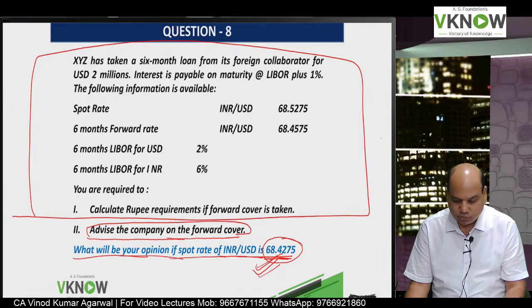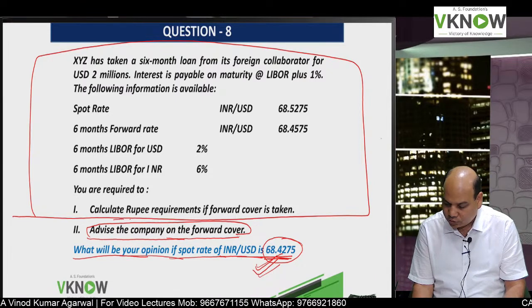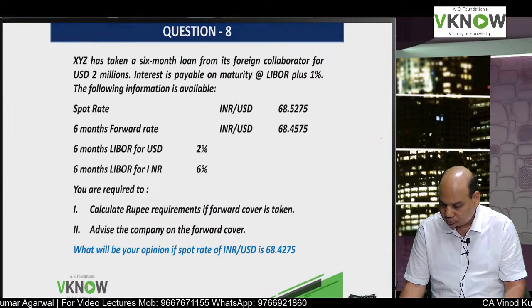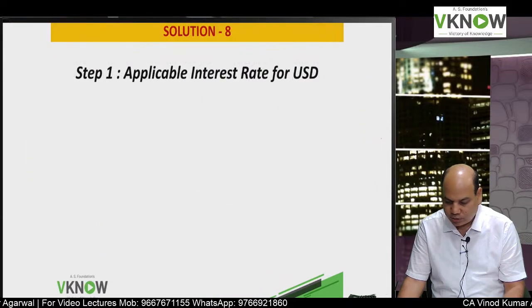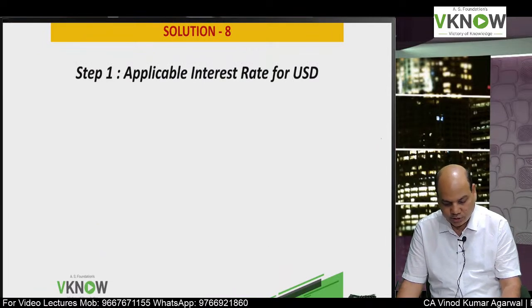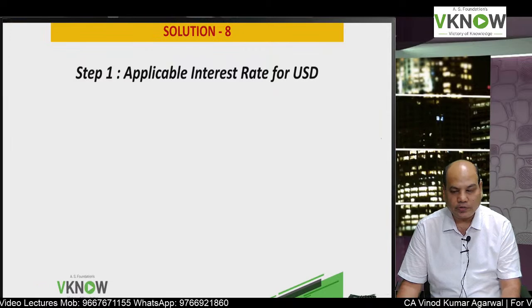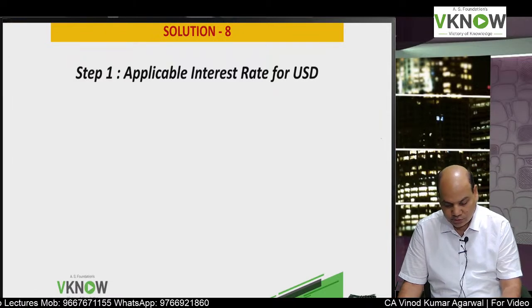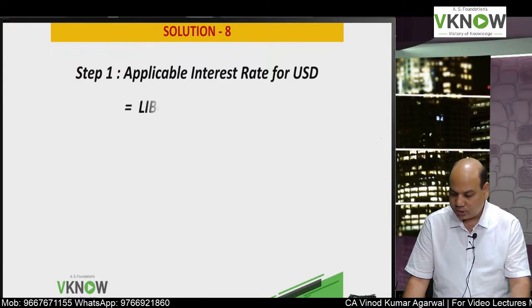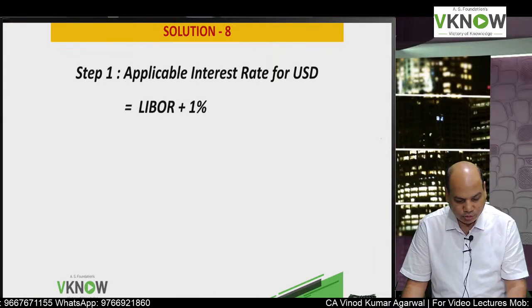So let us solve this question. The first question is, what is the rupee requirement if the forward cover is taken? So write down step 1: applicable interest rate for USD. This extra working note I am giving because sometimes students make a mistake. They directly take 2%.